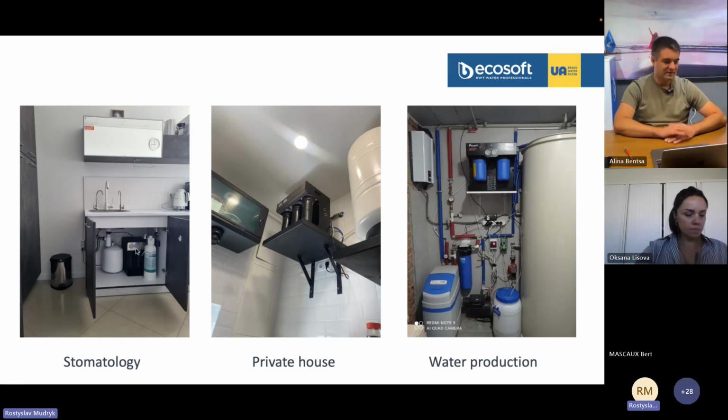So we have, let's say, 300 ppm inlet water. And after Robust 1500, we have a TDS of around 20 ppm. And this 20 ppm water is very good for the chairs, for people to rinse their mouth during the treatment. This water is also good for the dishwashing machines used in dental practices.